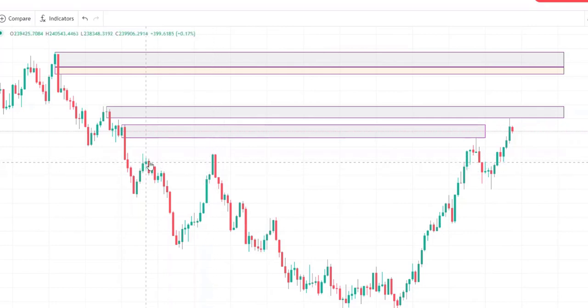Did it happen here as well? Here, did we eventually get it? So we got it here and it broke structure, right? But it did not hold. It didn't quite hold. It came here and it held actually. So this high here that started off that move, it actually held. Can you see? This one held.